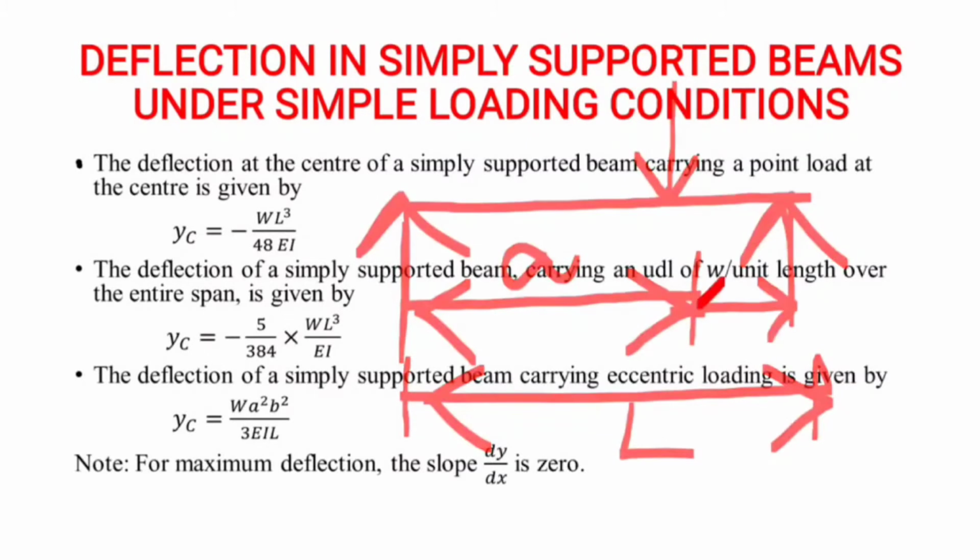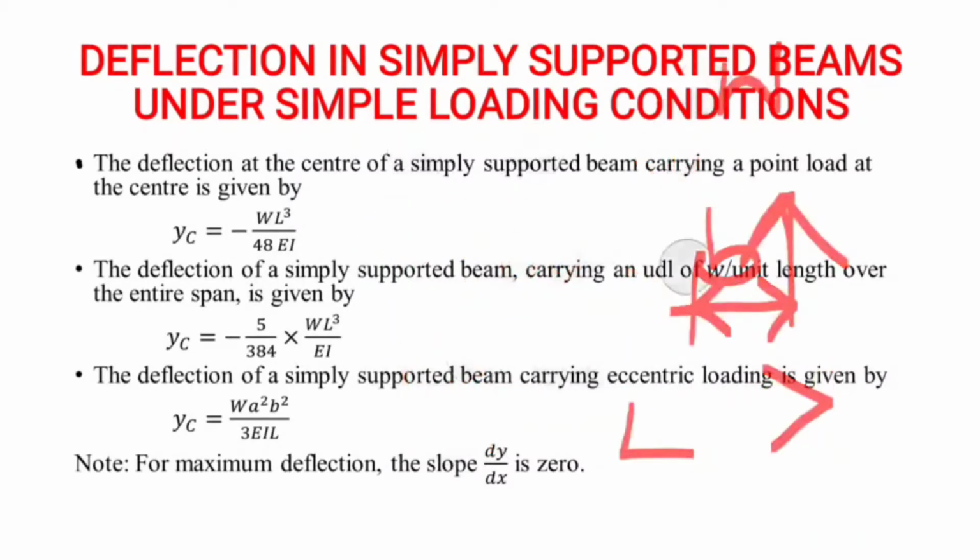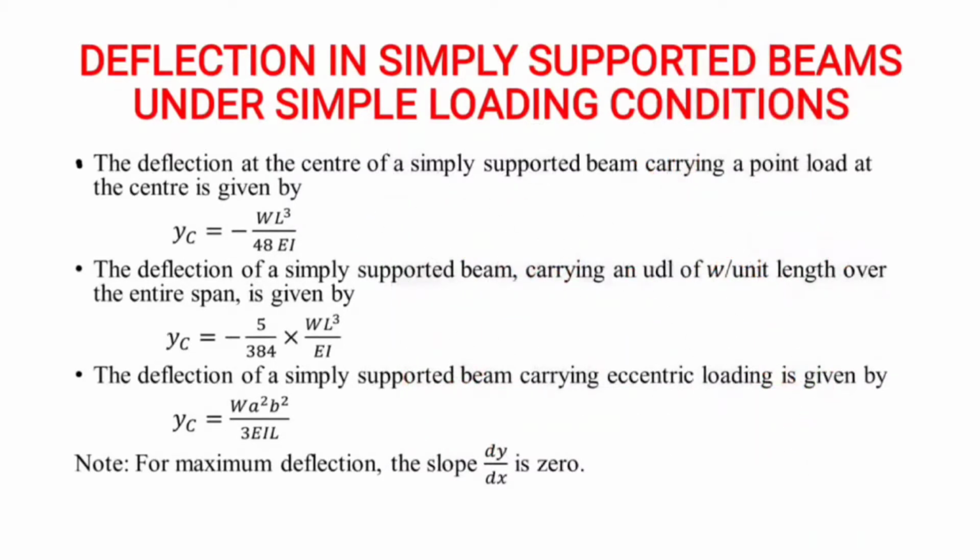From the right support it is acting at B distance. It is a capital W. Then the deflection value YC is equals to capital W A square B square by 3 EI into L. This is the formula. ఫార్ములాని గుర్తుపెట్టుకోండి, వీటి నుంచి క్వశ్చన్స్ వస్తాయి.